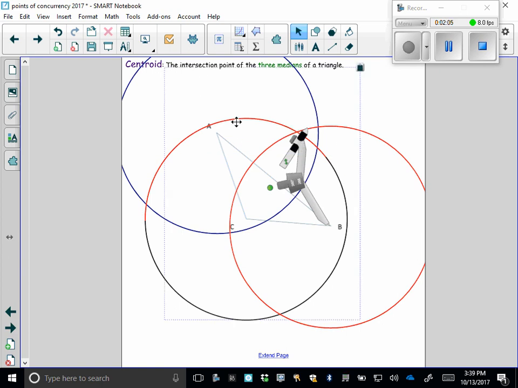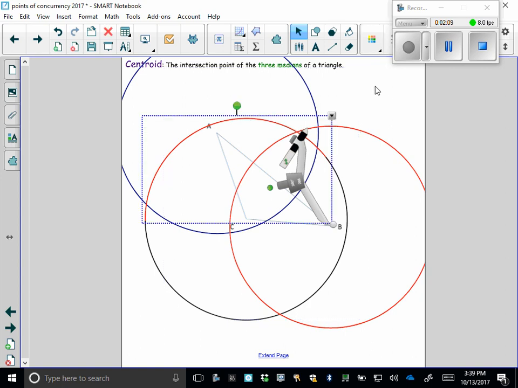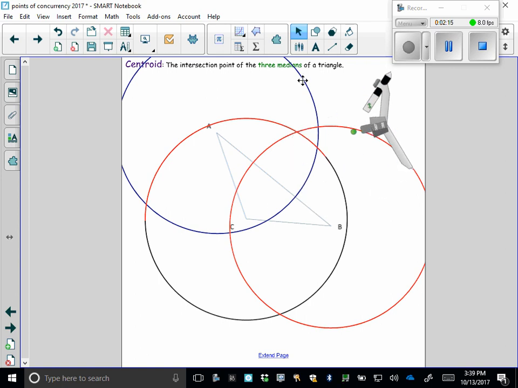Kind of weird. That one is part red and part black. That's okay. So I'm going to take a segment tool, a line tool, and go through the intersection points. And all I really need is to mark the midpoint.